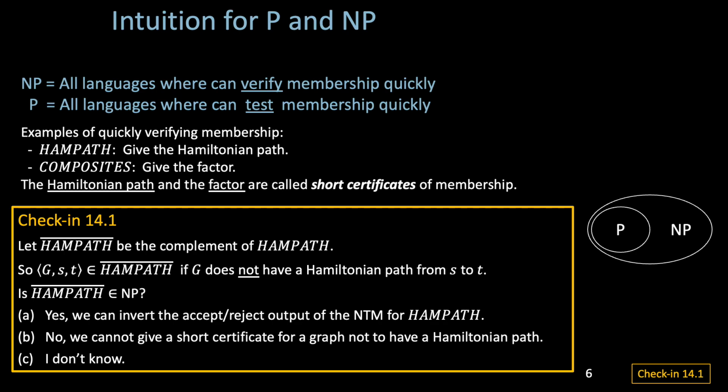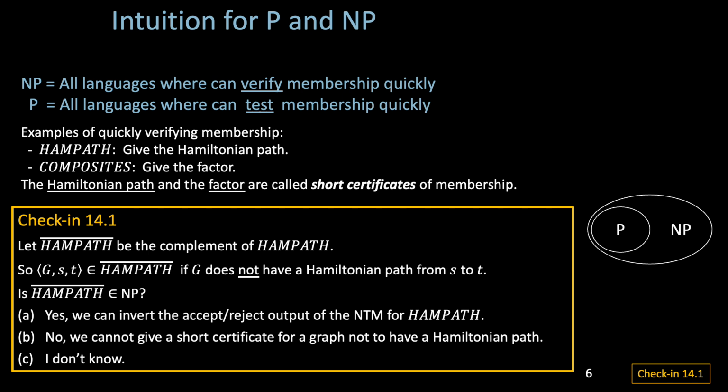I don't have, that I know of, a short certificate for not HamPath, but if it did turn out that P was equal to NP, then you would be able to invert the certificates very quickly. You would be able to get an answer, because if I can get a yes answer for HamPath very quickly, it also means I could get a no answer for HamPath very quickly.